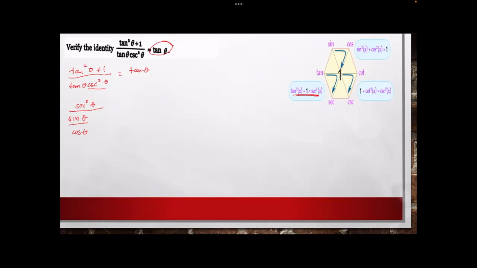Yes, Micaela, what is the reciprocal of cosine? Yung walang square no, na cosine lang tayo. Nawala na sila.